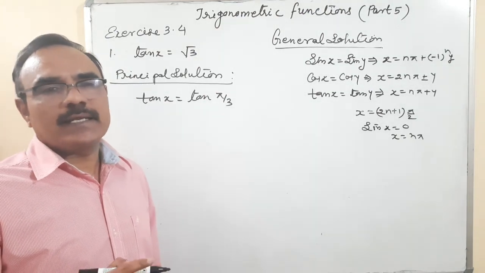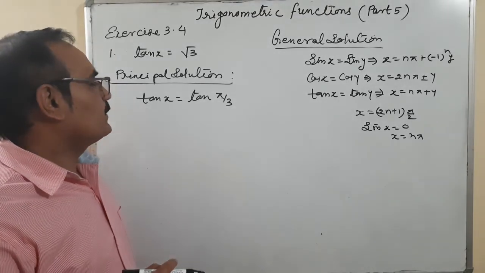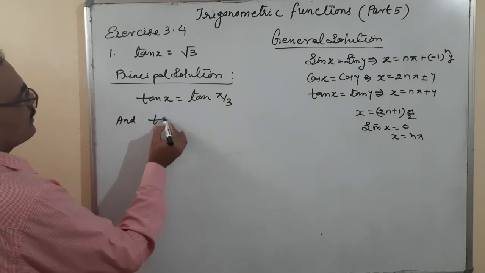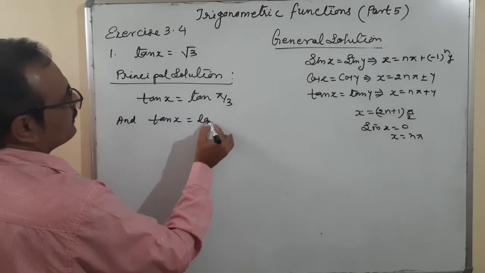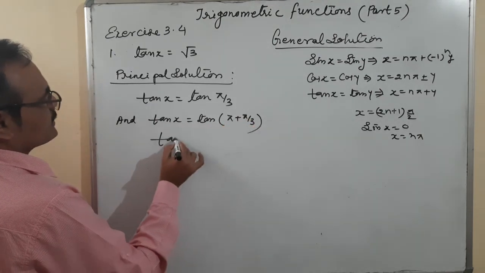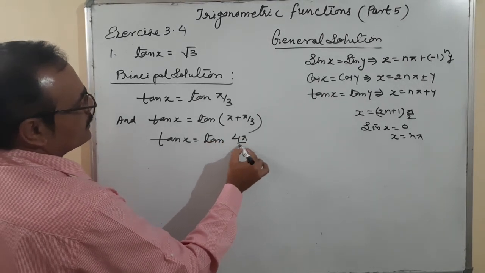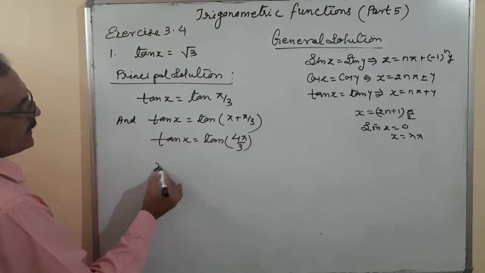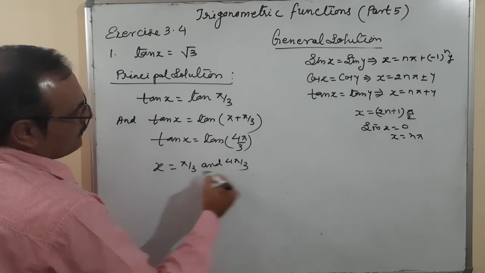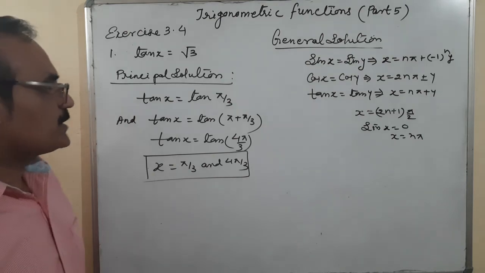And second, because tan is positive in the first and third quadrants, and third means 180 plus, so pi plus pi by 3. So tan x is equal to tan 4 pi by 3. So there are two values, x is equal to pi by 3 and 4 pi by 3. These are the principal values.